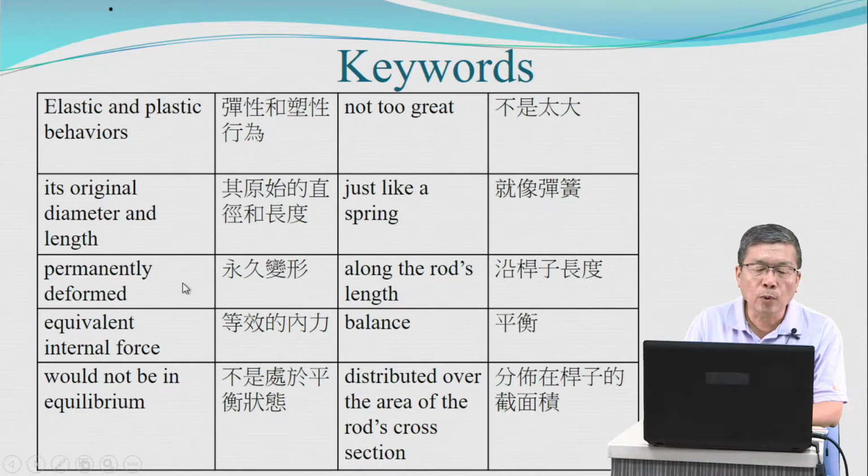Permanently deformed. Along the rod length. Equilibrium internal force. Balance. Would not be in equilibrium. Distributed over the area of the rod's cross-section.